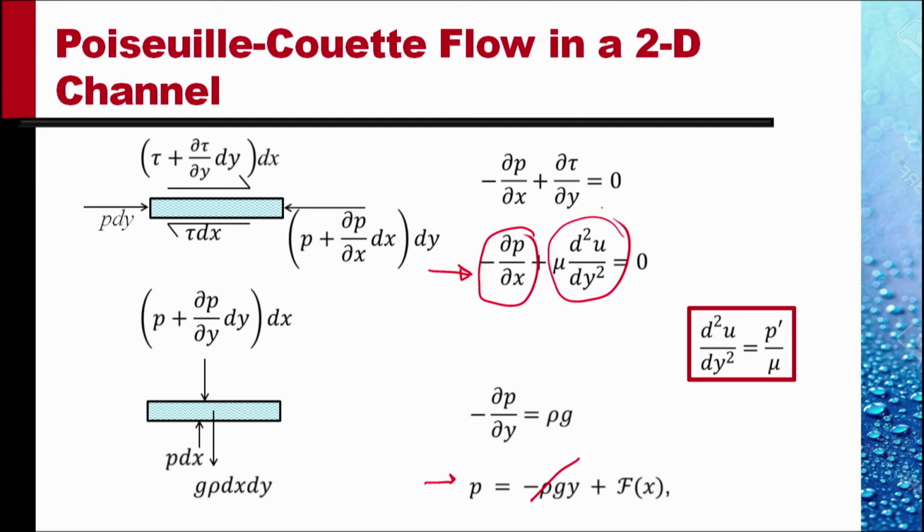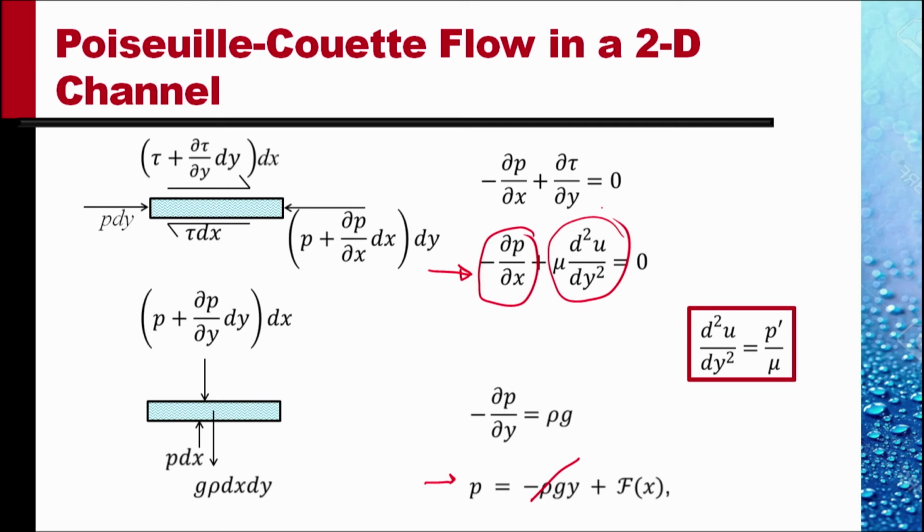And so we can equate the two. Del p by del x is replaced by p prime, and we get del square u by del y square is equal to p prime by mu, which is a constant. P prime by mu is a constant. That means p prime is a constant.